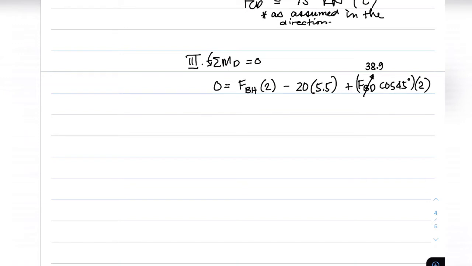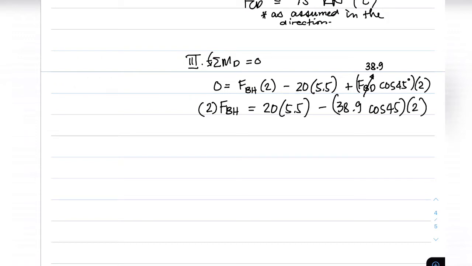Now, we already have the value of your FBD, which is 38.9. So, we will substitute this one, and the value of your FBH becomes 27.5 kilonewton, which is in tension.